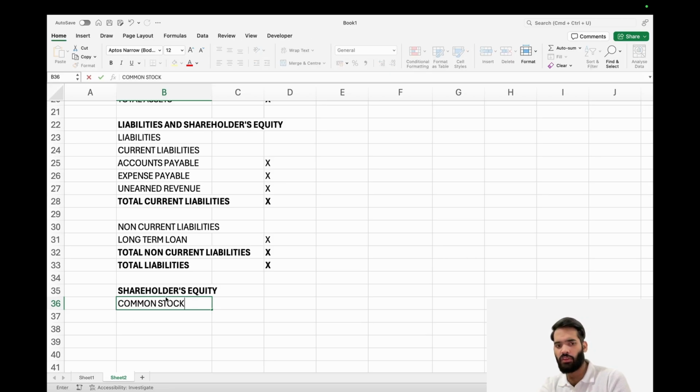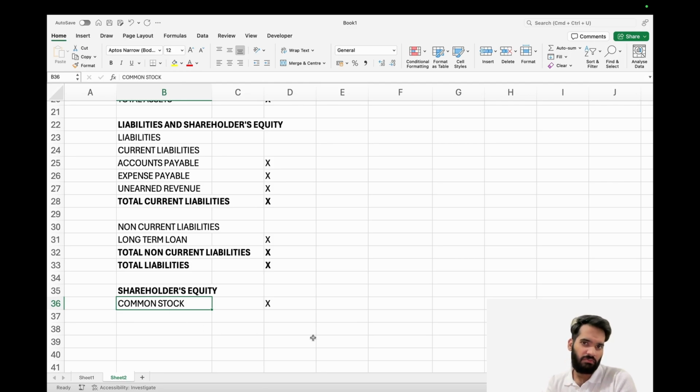If it's shareholders equity, which means you're doing accounting for a company, you'll see two accounts. The first account is called common stock. This is like the capital account, meaning the money invested by the owners. For a sole trader, when there's one owner and you're just a small shop, small business, it's called capital account. If you're a company, it's called a common stock account, which refers to the shares value, which is why the owners invest the money in the first place, right?